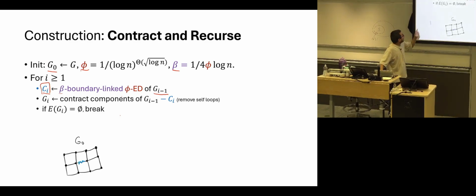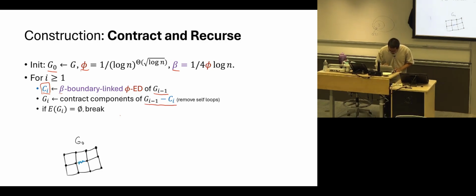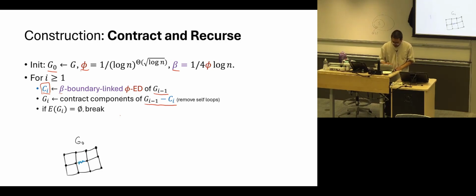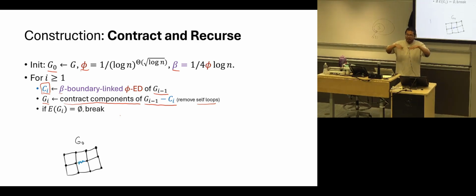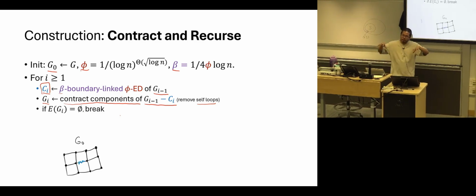And once you have this cut C_i, you look at the graph after cutting C_i, and you contract each connected component in this graph. Let's say you remove all the self loops too. And that is your graph G_i. From G_{i-1}, do boundary linked expander decomposition, you get some components.